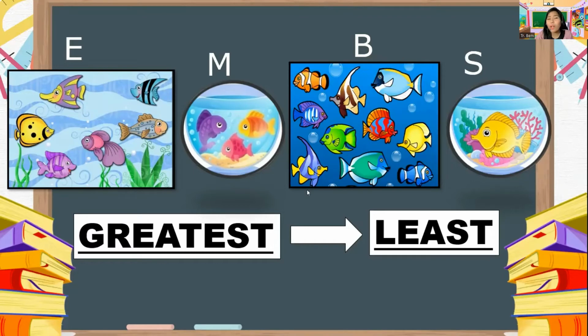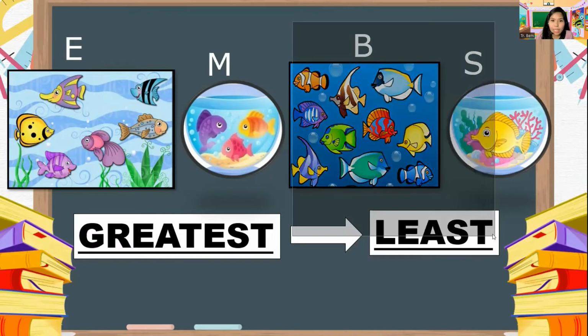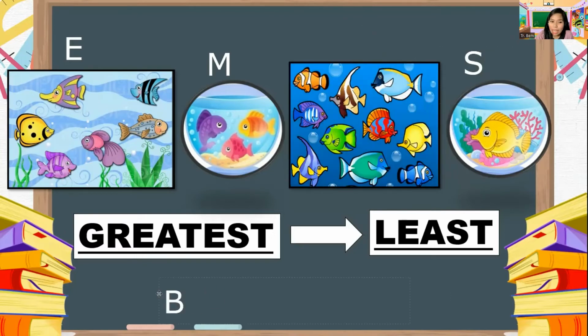Okay, so we're going to find first the biggest number. The biggest number here is the 10. What letter po is the biggest number? Letter B. Now, what's after the biggest number? Not the biggest, but the next po after 10. Okay, so do you think it's M?